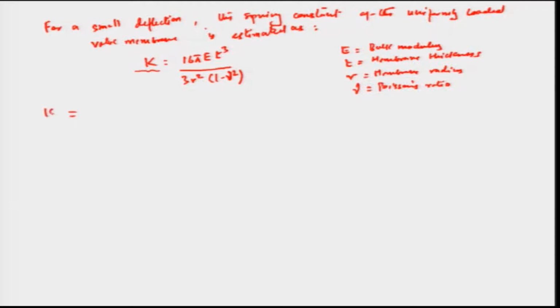So K comes out to be equal to 16 times 3.14, the value of pi, times the bulk modulus, which is about 170 gigapascals, so I write 170 times 10 to the power of 9 pascals, times the cube of T. The thickness T is given as 20 microns, so we have 20 times 10 to the power of minus 6 meters, cubed, divided by 3 R squared. R in this particular case is about 2 millimeters.